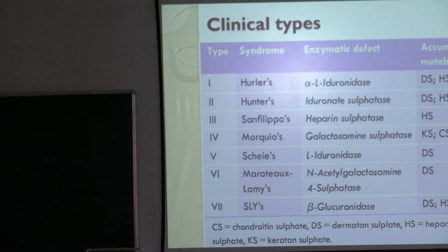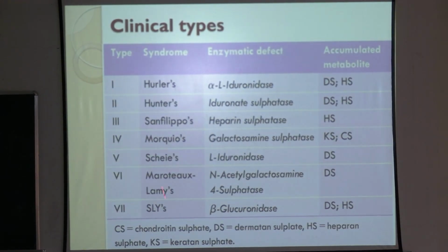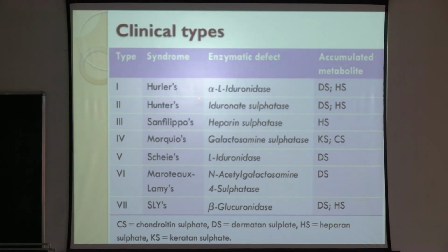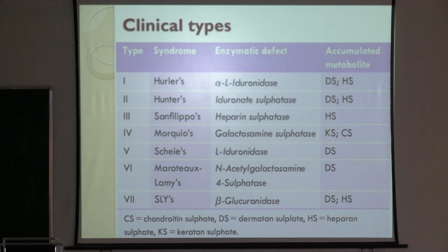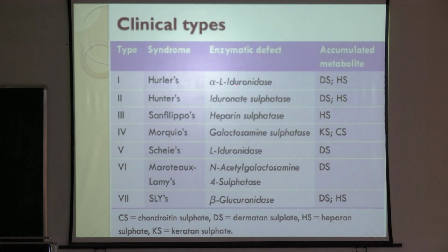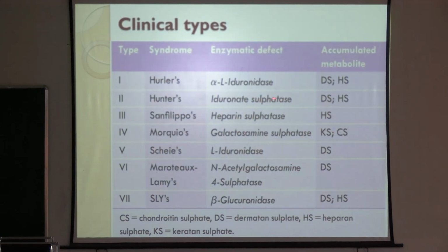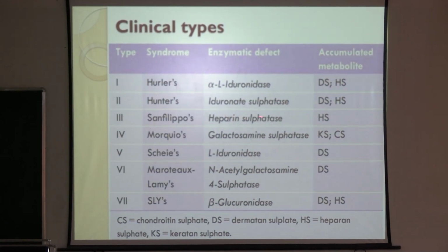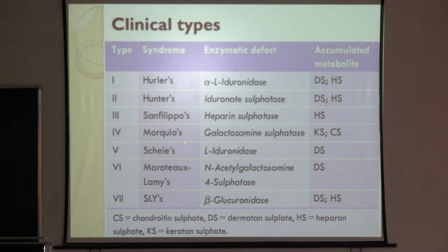Next. These are the 7 types of mucopolysaccharidoses. Type 1, Hurler's. The enzyme defect is L-iduronidase. Next, Hunter's. Here it is iduronate sulfatase. Third is Sanfilippo, heparan sulfatase. Fourth is Morquio, galactosamine sulfatase. Fifth is Scheie, where it is also L-iduronidase. In 6, it is Maroteaux-Lamy.